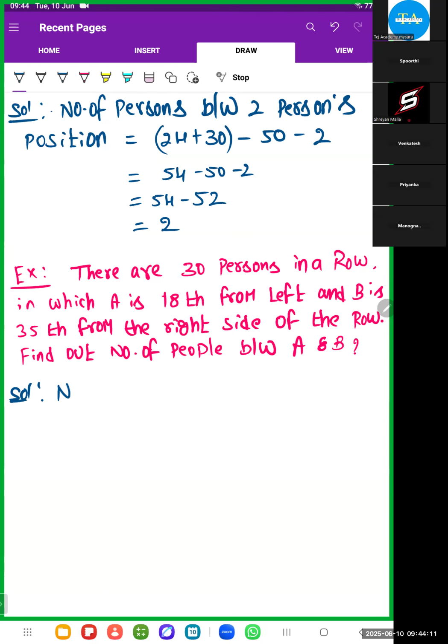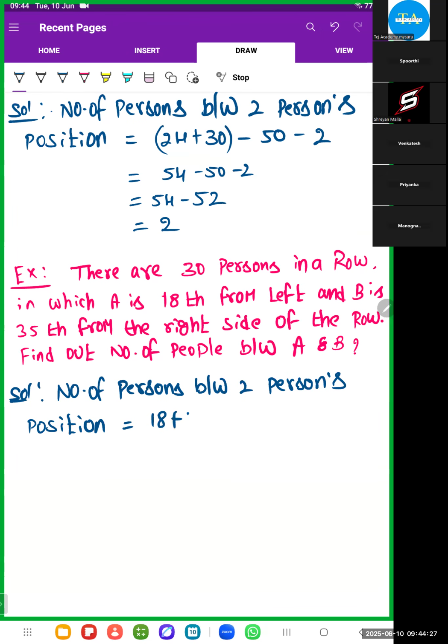21. Yeah, correct. So the number of persons between two persons is equal to 18 plus 35 minus 30 minus 2.